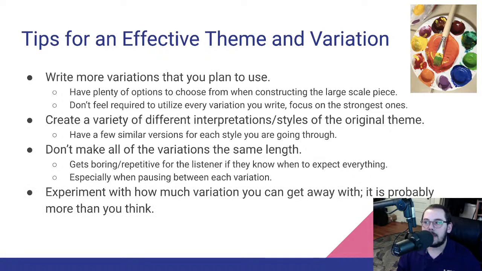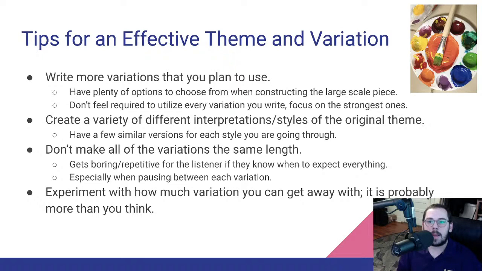And the last one is just to kind of experiment with how much variation you can get away with. You push the envelope when writing music in this form, because in terms of what you can get away with, it's probably more than you think. Again, I referenced sonata form earlier. That's a very strict form for listeners.